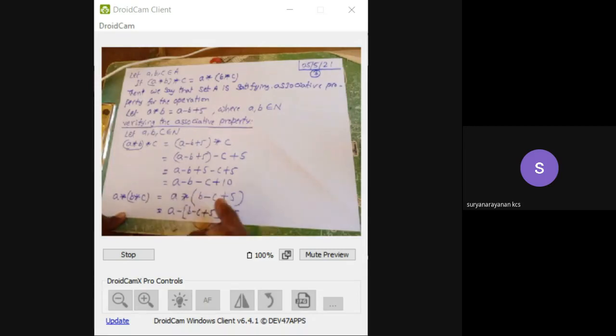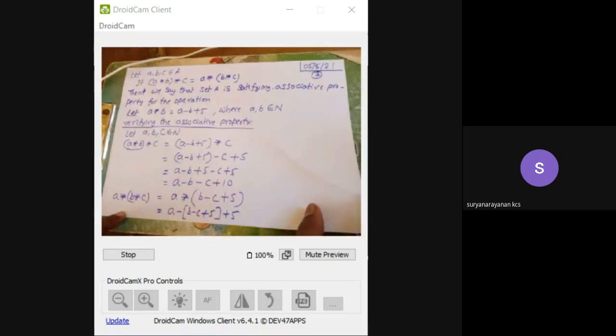Even if it is a single number, there is nothing wrong with using small brackets or square brackets when you are substituting the value of some number. Remember this point. Understood this point, my dear children? Yes, sir.